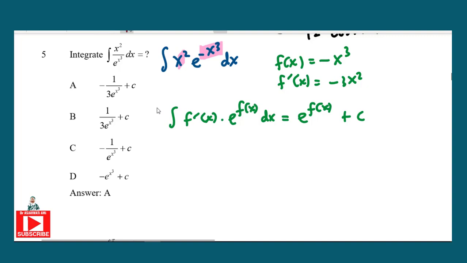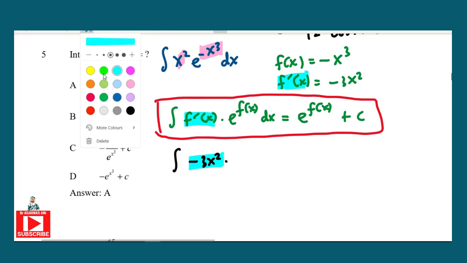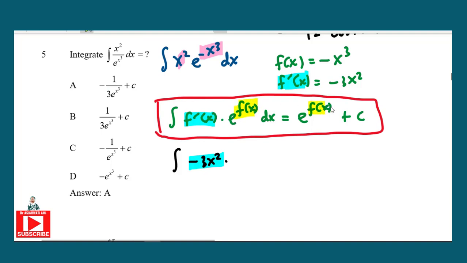Then try to substitute using this basic rule. Here is f prime of x, negative 3x squared, and this is f(x). The e power f(x) is e power negative x cubed, so the integral is e power negative x cubed plus c.